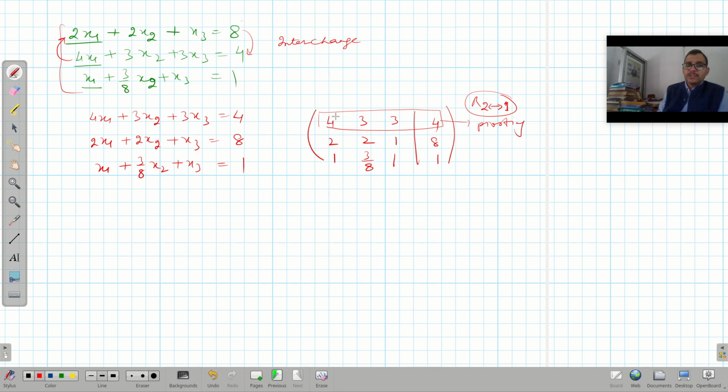So using this element we have to make this 0 and this also 0. So how can this be done? We will do a little algebra here.